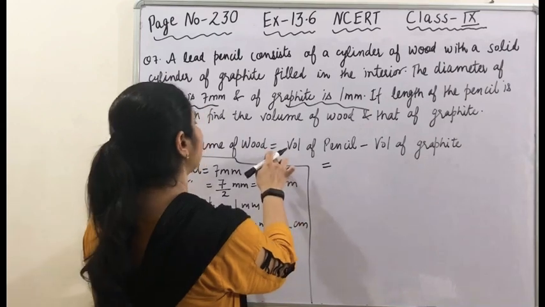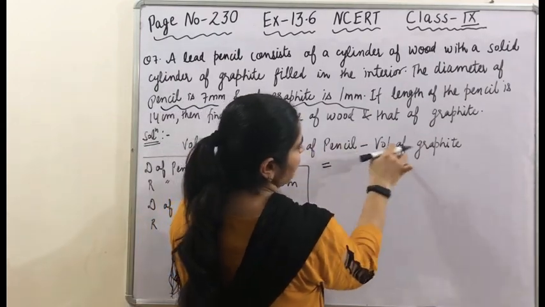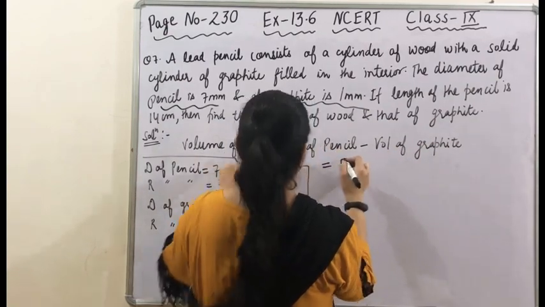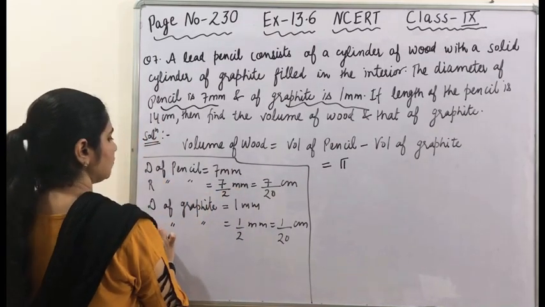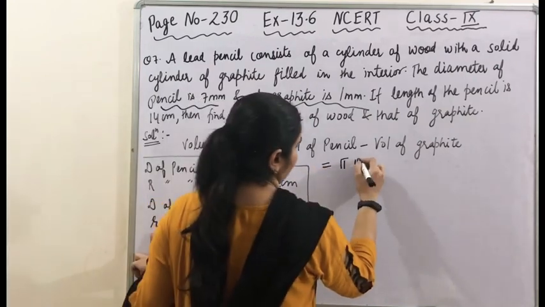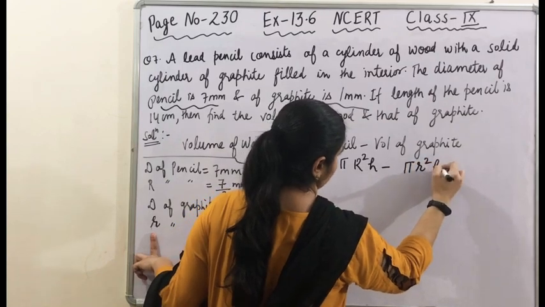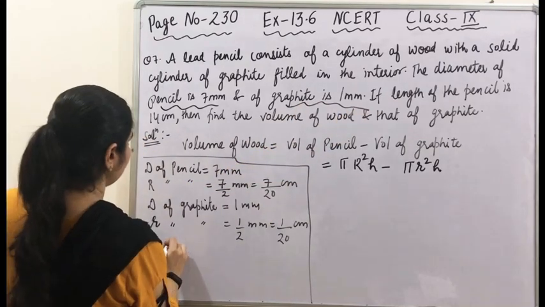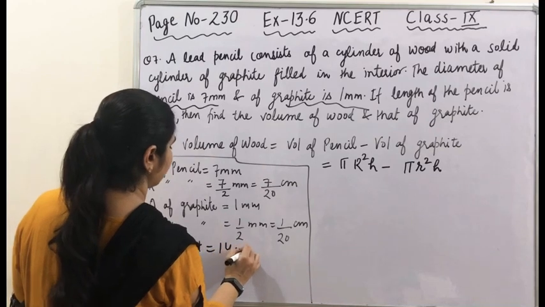Now we apply the formula to find the wood. Volume of the wood is volume of the pencil minus volume of the graphite. Both are cylindrical in shape. This we can mention as capital R and this one as small r. Pi R square h minus pi small r square h, where the length of the pencil is the height, 14 centimeter.